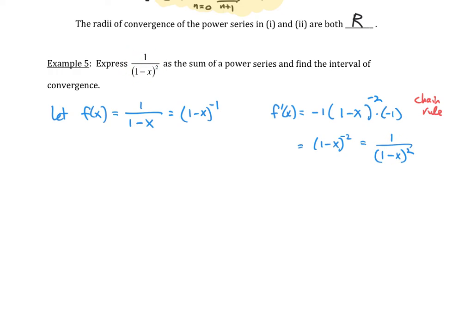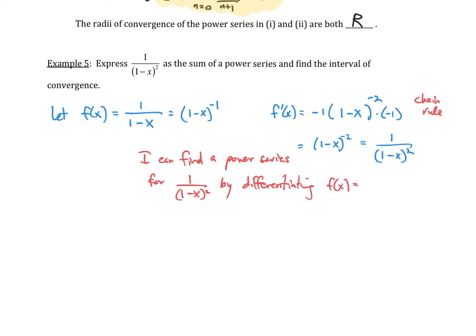So the upshot of this is I can find a power series for 1 over (1 minus x) squared by differentiating f of x equal to 1 minus x to the negative 1.